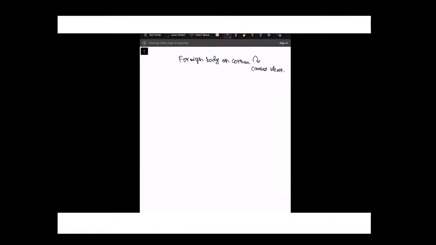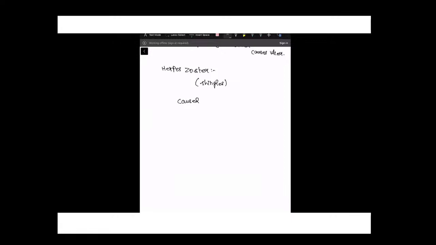And last we have herpes zoster. We discussed herpes zoster during our dermatology class. Herpes zoster has shingles.